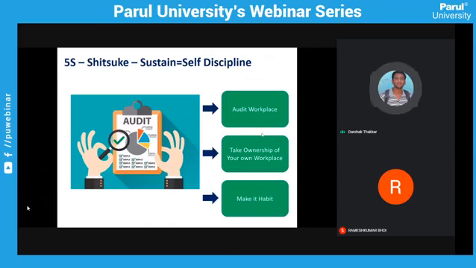For that, there are audits or checks in the industries. There are zone-wise audits at regular intervals, checking whether each and every workplace is maintaining it or not. But definitely, taking ownership of your own workplace is the fundamental key of this 5S activity.